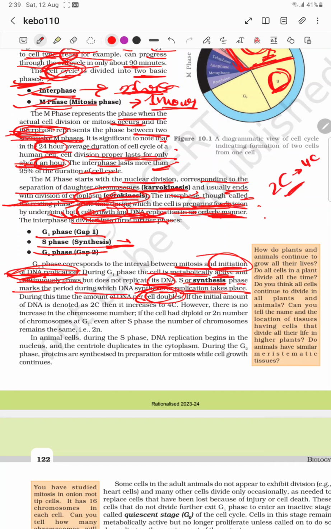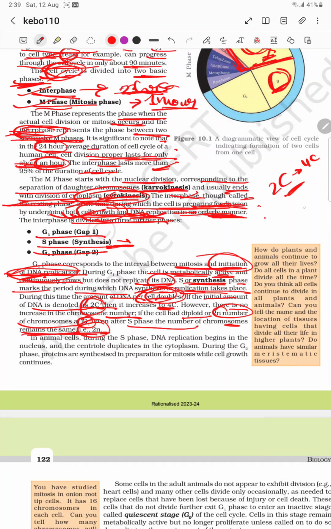If the initial amount of DNA is denoted as 2C, then it increases to 4C as it's doubled. However, there is no increase in the chromosome number. If the cell had diploid 2N number of chromosome at G1, even after S phase, the number of chromosome remains the same, that is 2N.